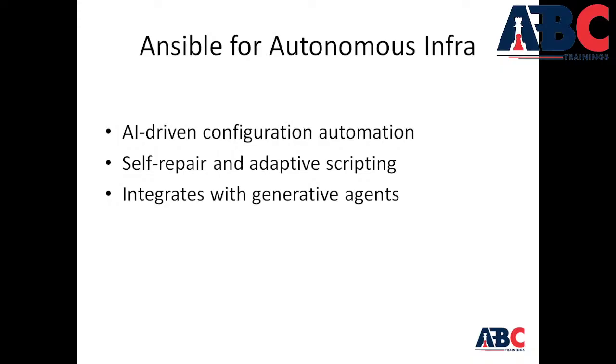Ultimately, Ansible transforms infrastructure into a reliable, adaptive, and intelligent ecosystem. It empowers organizations to operate with higher efficiency, enforce stronger security, and support continuous innovation. As digital first strategies accelerate, Ansible becomes a cornerstone technology for building autonomous infrastructure that is resilient, scalable, and future ready.